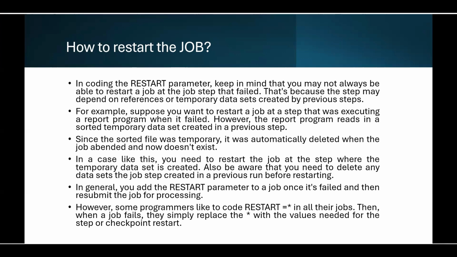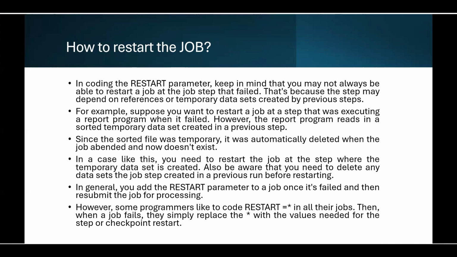In general, you add a restart parameter to the job once it has failed and then resubmit the job for processing. However, some programmers like to code restart equals star in all their jobs. Then when a job fails, they simply replace the star with the values needed for the step or the checkpoint restart.